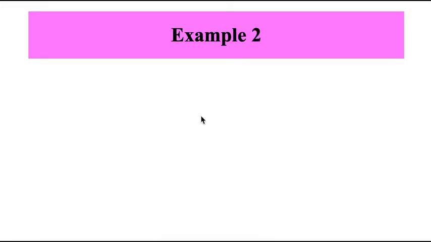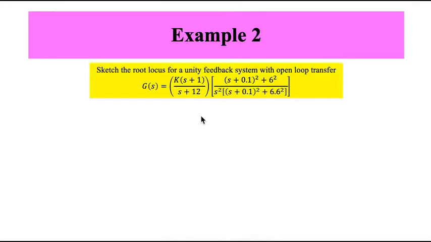Now the second example. In this example I have 1 plus 2 plus 2, so 5 poles, and the zeros are 2 over here and 1 here, so the number of zeros is 3.